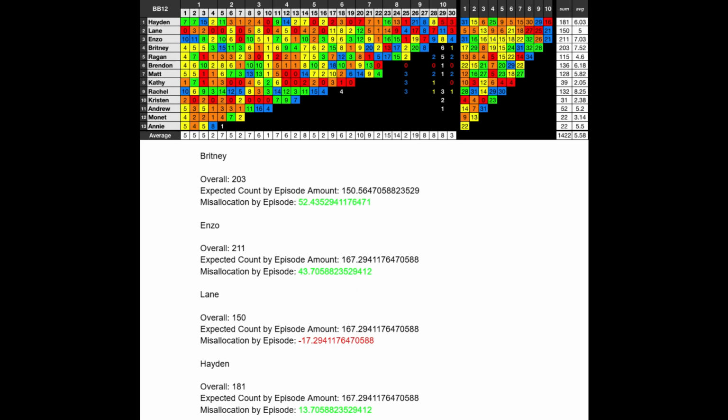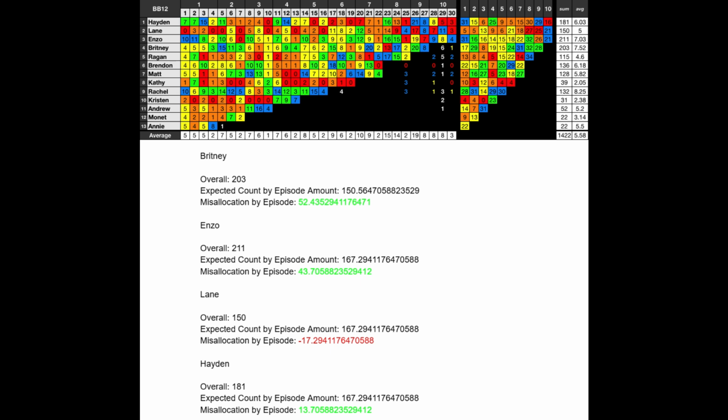Brittany has 203 diary rooms, and her expected count by episode amount is 150.56, causing her to have a misallocation by episode amount of 52. And it makes sense since they use a lot of her diary rooms for comedic and narration, so pretty explainable. Enzo has 211 diary rooms, and he has an expected count by episode amount of 167.29.